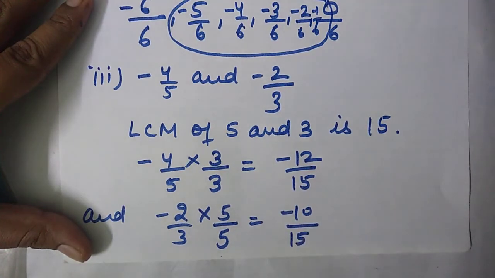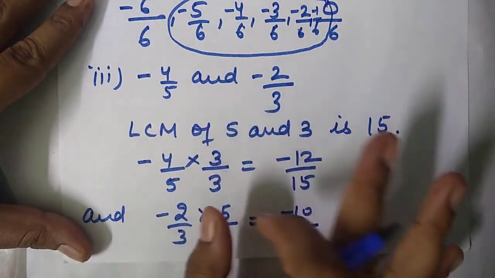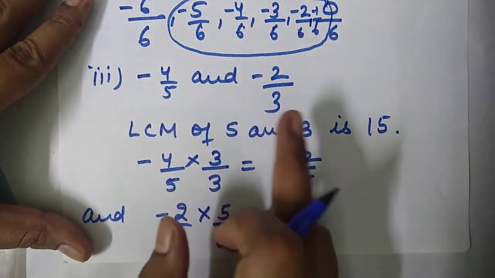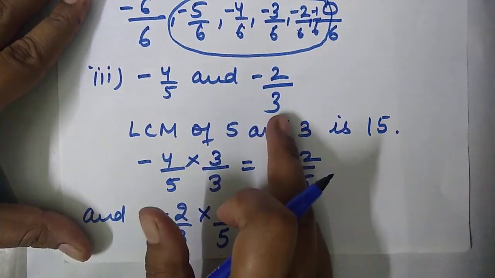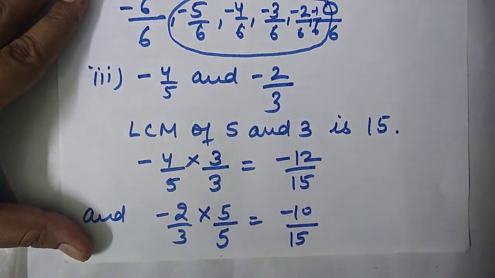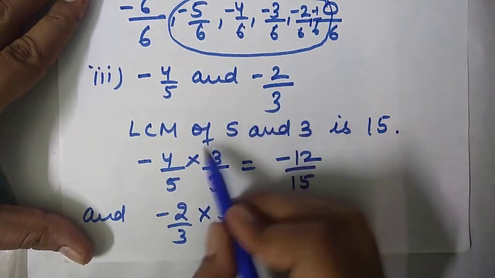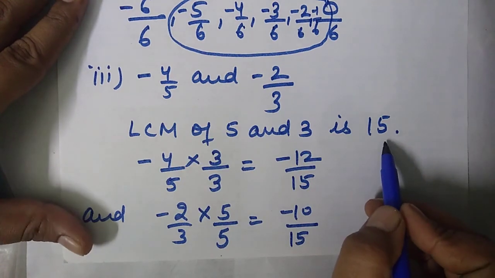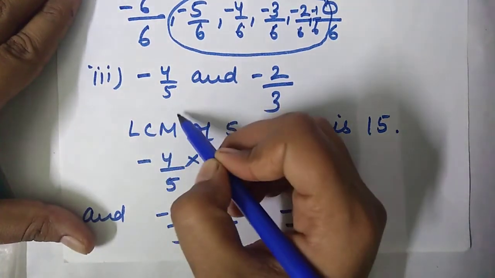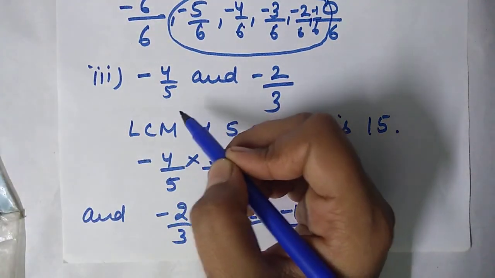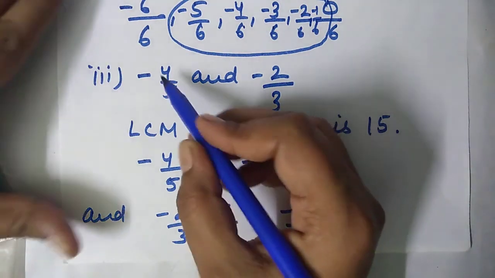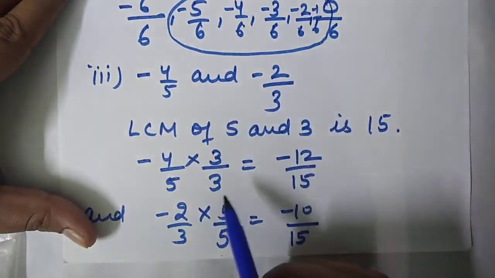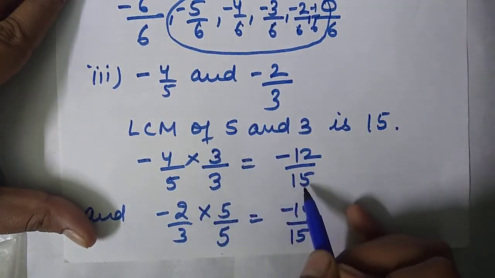Okay, wherever you have to find rational numbers between fractions, the first thing you have to do is make the denominators equal to the LCM. LCM of 5 and 3 is 15. So in each fraction we have to make the denominator equal to 15.